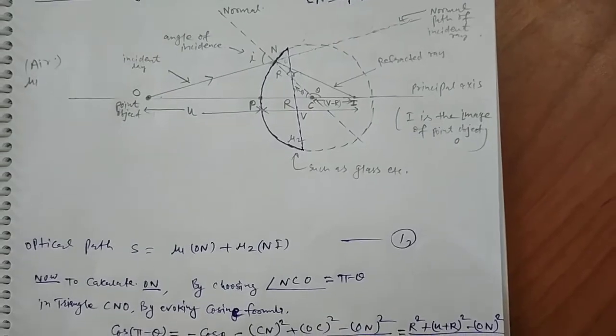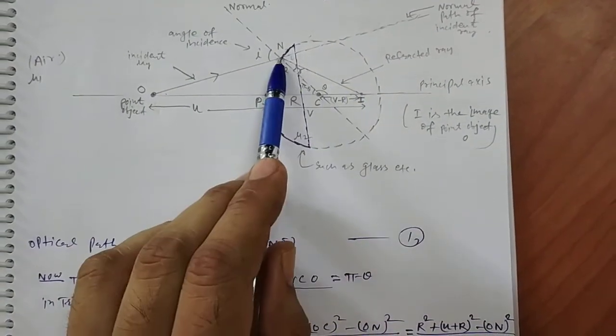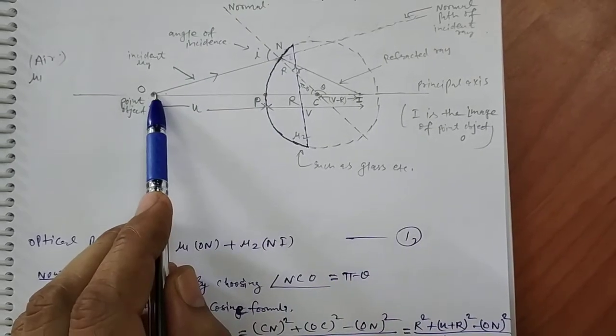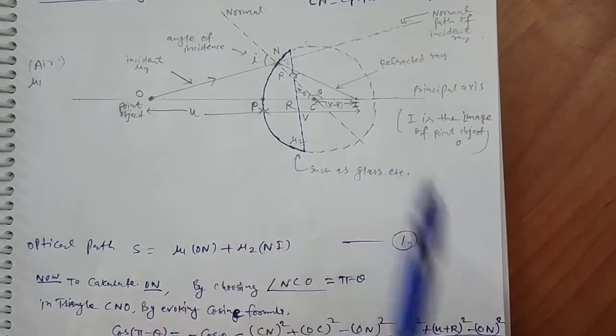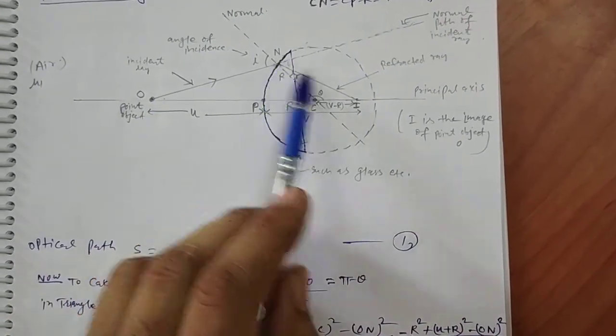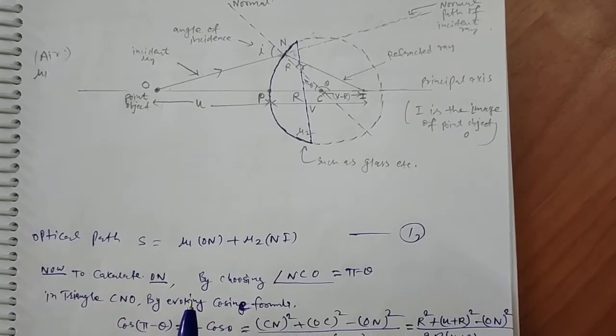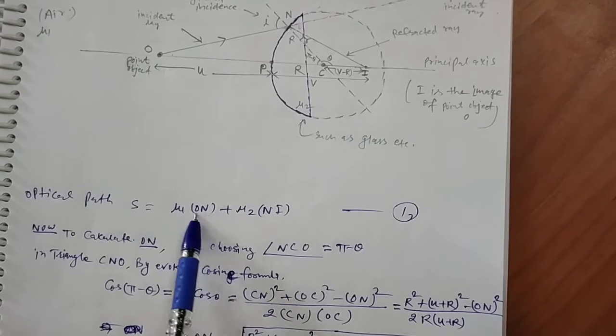So the optical path will be this one plus this one. For this the refractive index is mu1 and for this the refractive index is mu2. So mu1 ON plus mu2 NI. Now we want to calculate the value of ON.